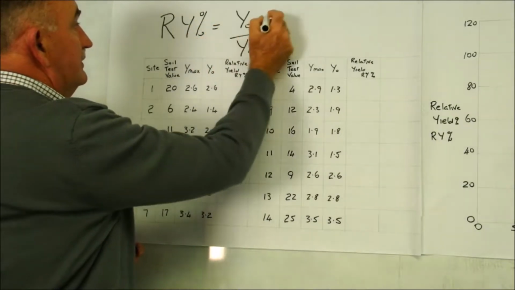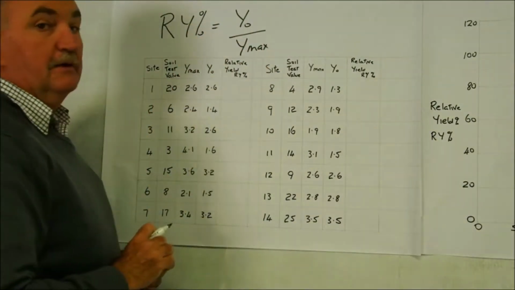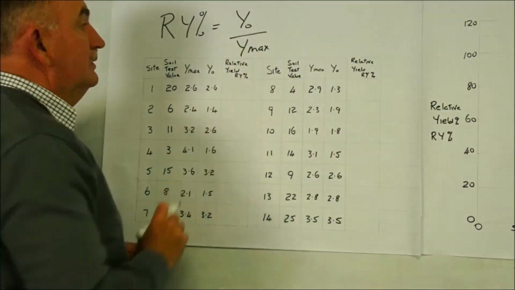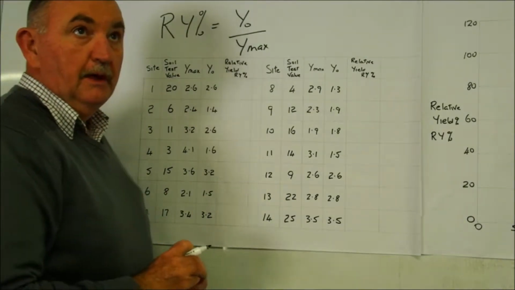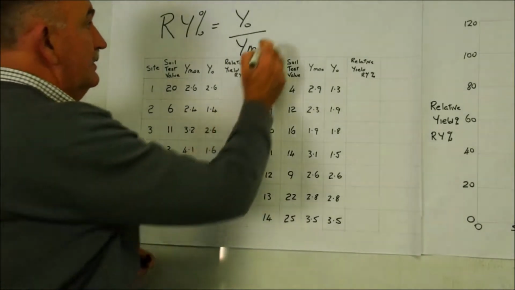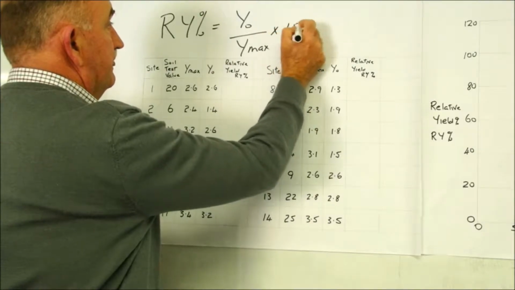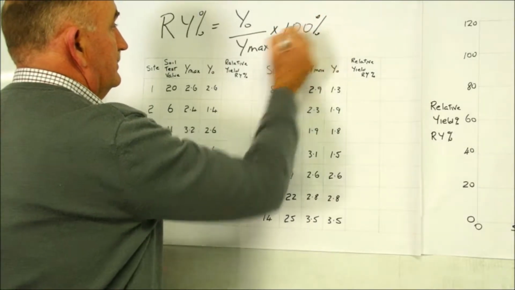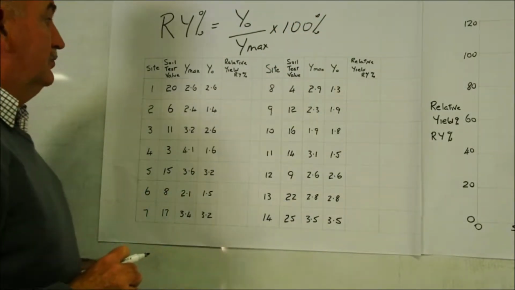So relative yield is the minimum yield without any fertiliser over the maximum yield where the nutrient wasn't limiting, by 100%. So just one piece of data per trial.